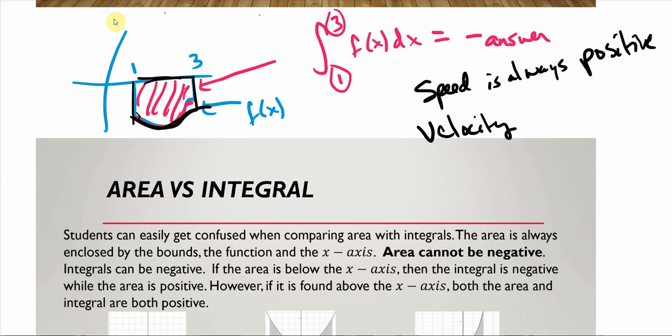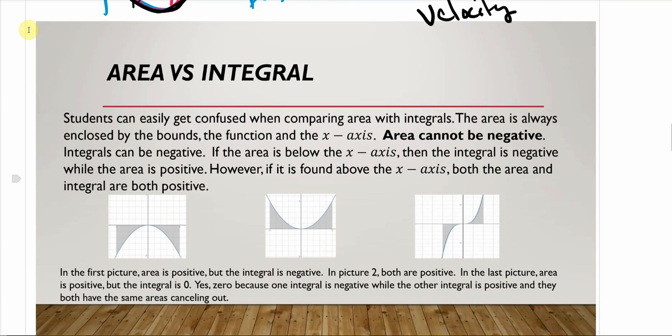If you're going left or down, you're going in a negative direction, so that will be negative velocity. If you're going in the positive direction, up or to the right, it'll be positive. So the integral can be both positive or negative, while area is always considered to be positive.